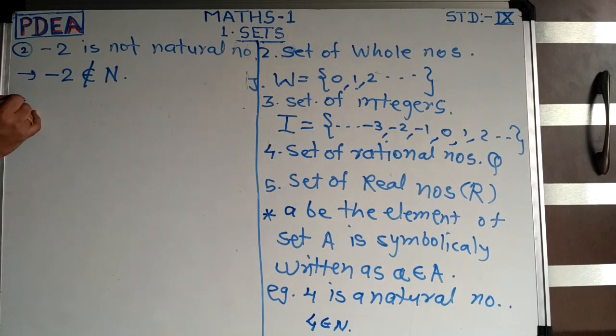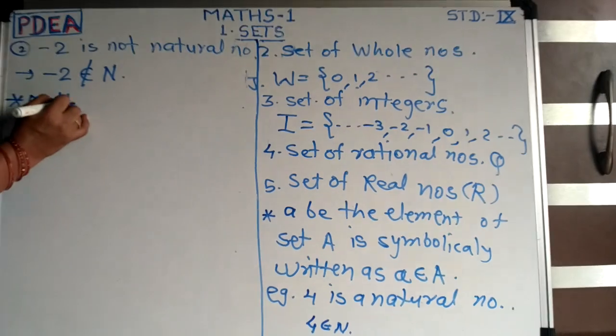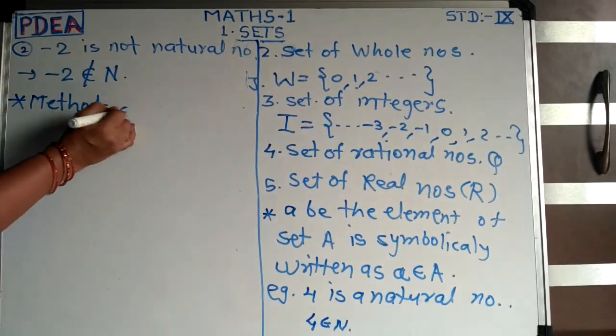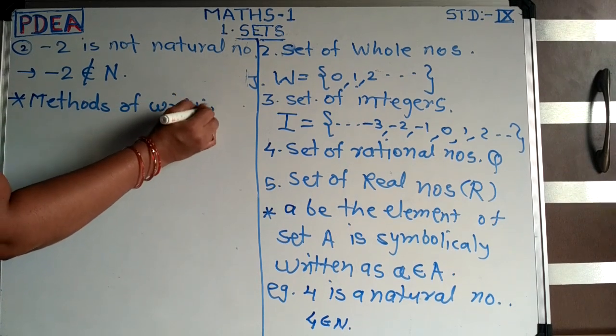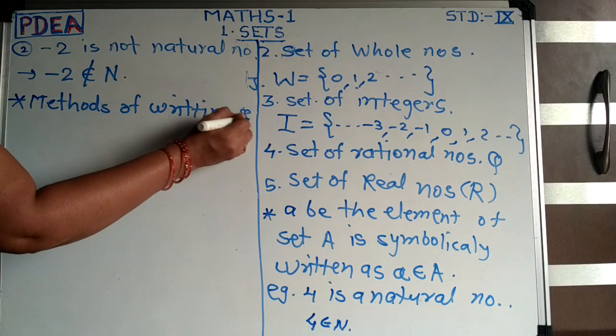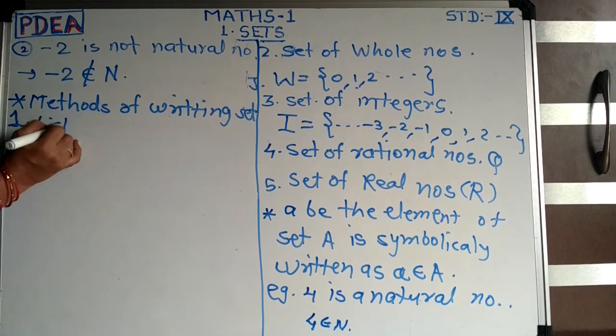Now see the methods of writing a set. There are two methods. First one is the listing method.